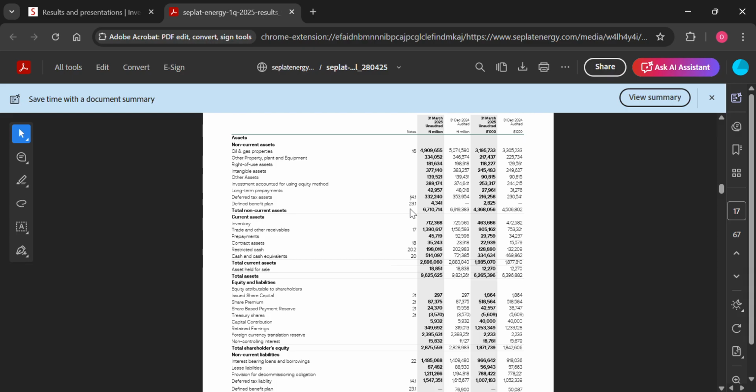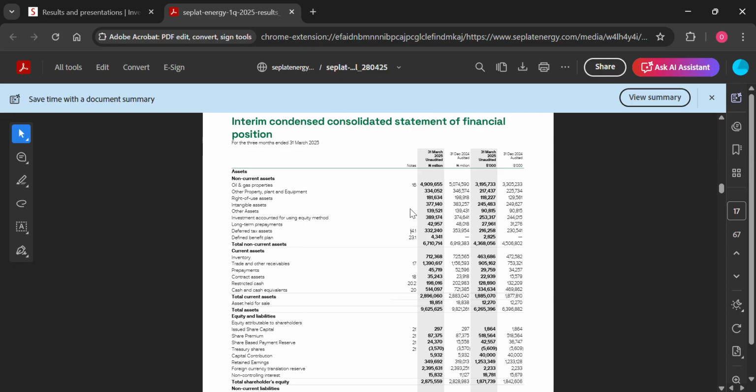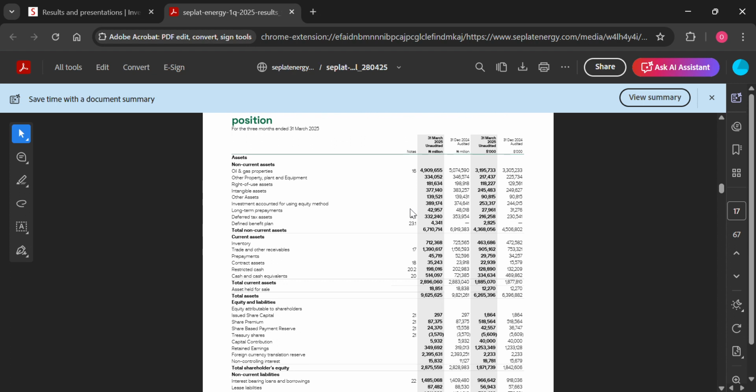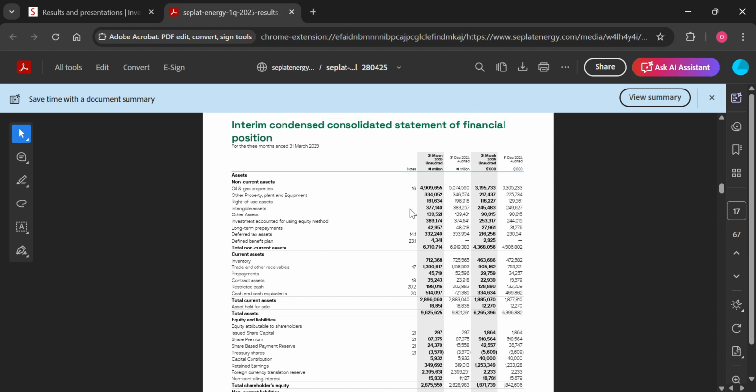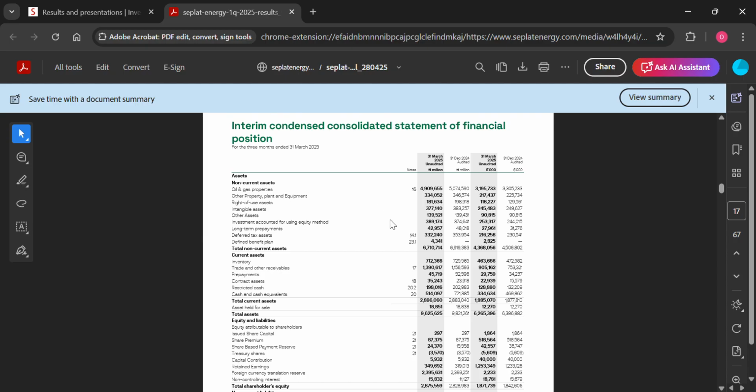So moving forward, I've said balance sheet is basically the financial position at that point, at the point this was released, that is the 31st March 2025. This is the financial position of Seplat. Total non-current assets is this in naira, is this in dollars.